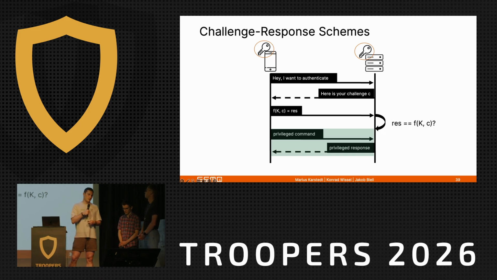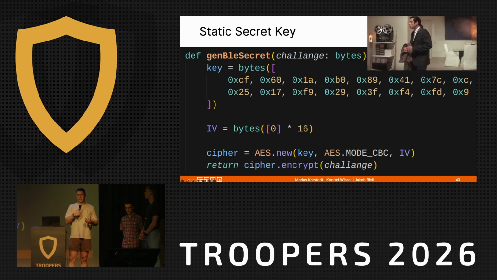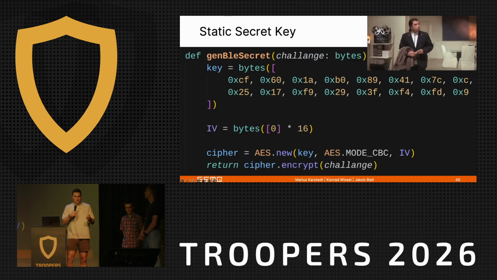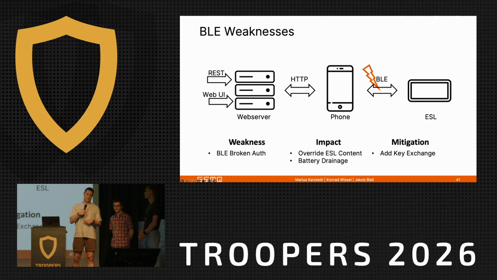And the thing was that we sifted through the code and sadly found this beautiful static secret key, which is just static on the Bluetooth tag and also in the app, so we could just extract it. This is of course not the correct way, but it's in there, and we can use that to encrypt the challenge. I don't know why, but they made an effort in implementing some authentication scheme. Again, it's broken.